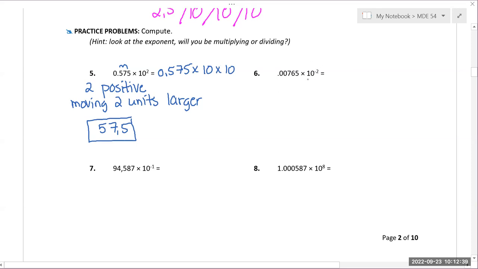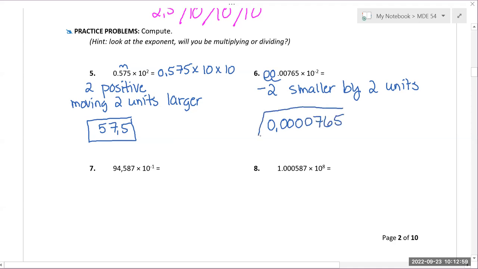Now this one is a negative 2. So that's going to give me a smaller number by 2 units, 2 decimal points. So I'm going to go even smaller, 2 extra zeros for a total of 4 zeros. And then this one means go smaller 1.